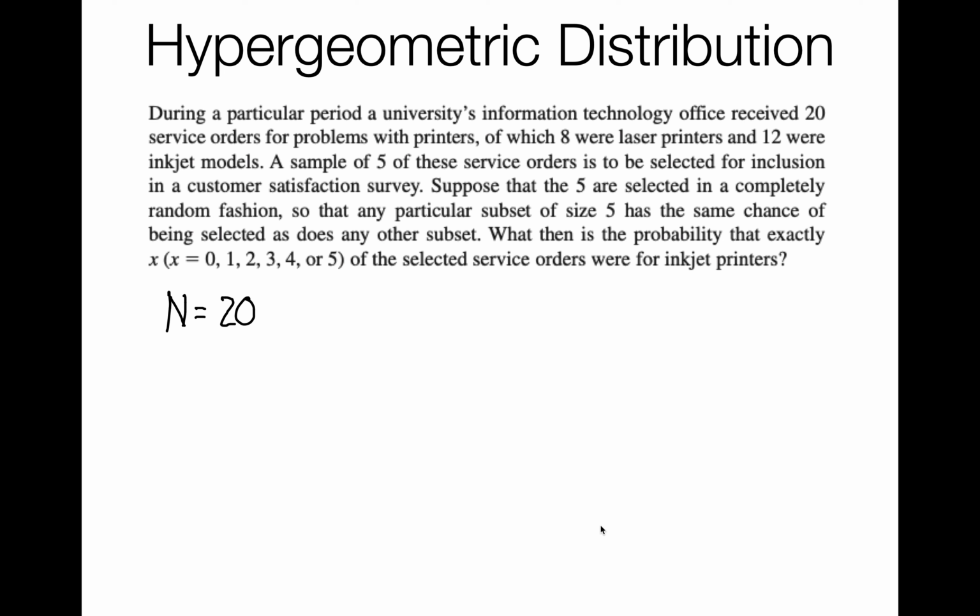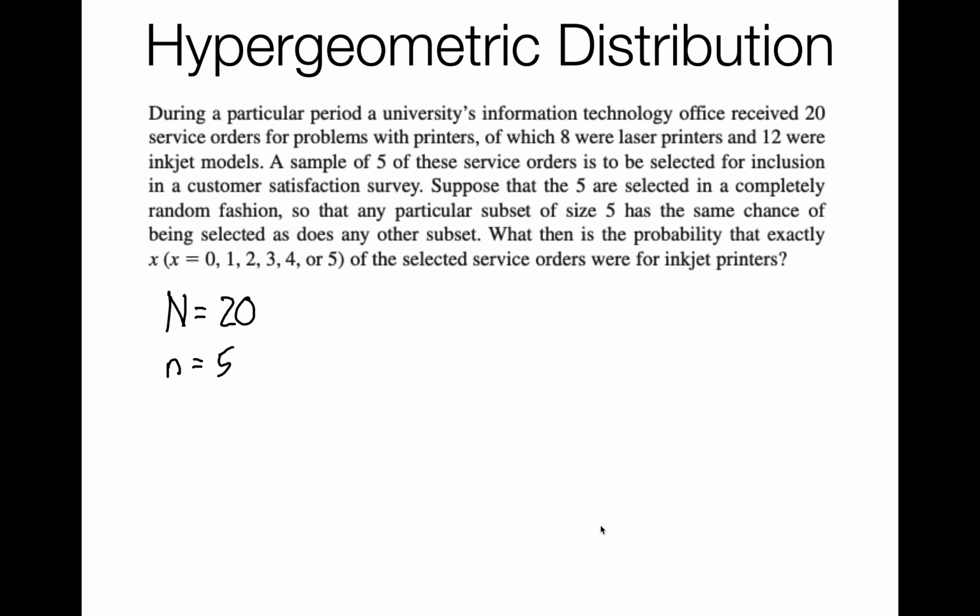Okay, great. So we're taking capital N, 20 in the population, little n, sample of size 5. In that last part that I read, they made sure to include that so that this would be a hypergeometric situation. Every subset of size 5 has the same chance of being selected, and so on and so forth.